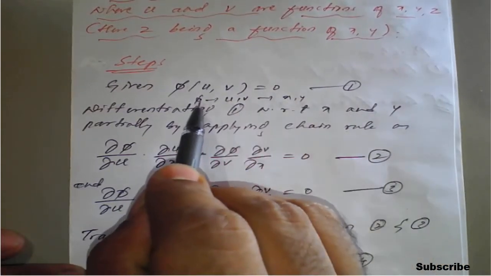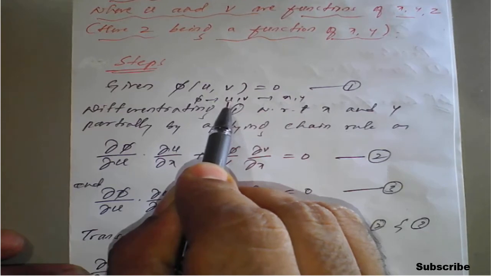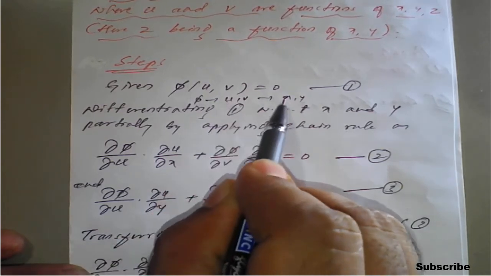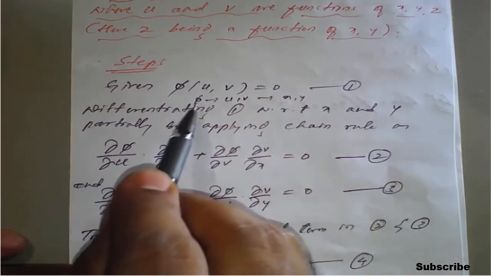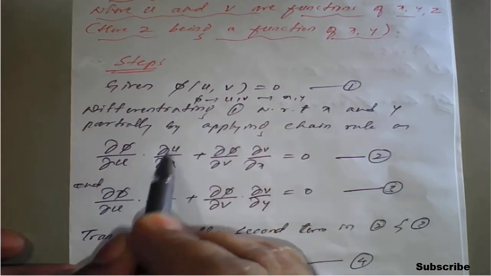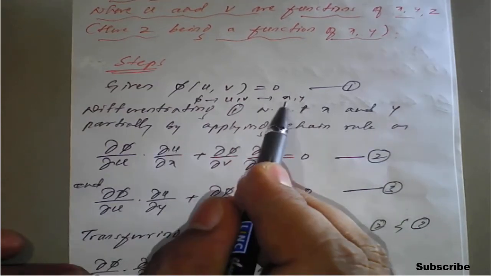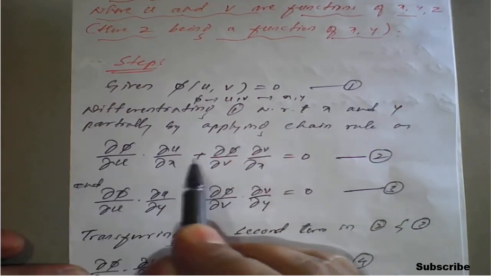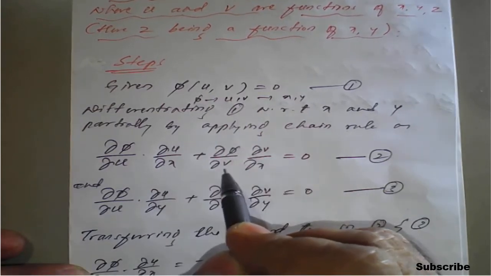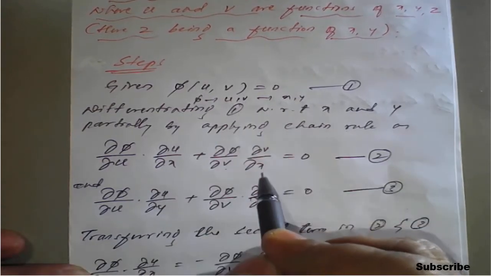First phi you differentiate partially with respect to u, then this u you differentiate partially with respect to x, that is dou u by dou x. So one chain is completed, plus dou phi by dou v into dou v by dou x.